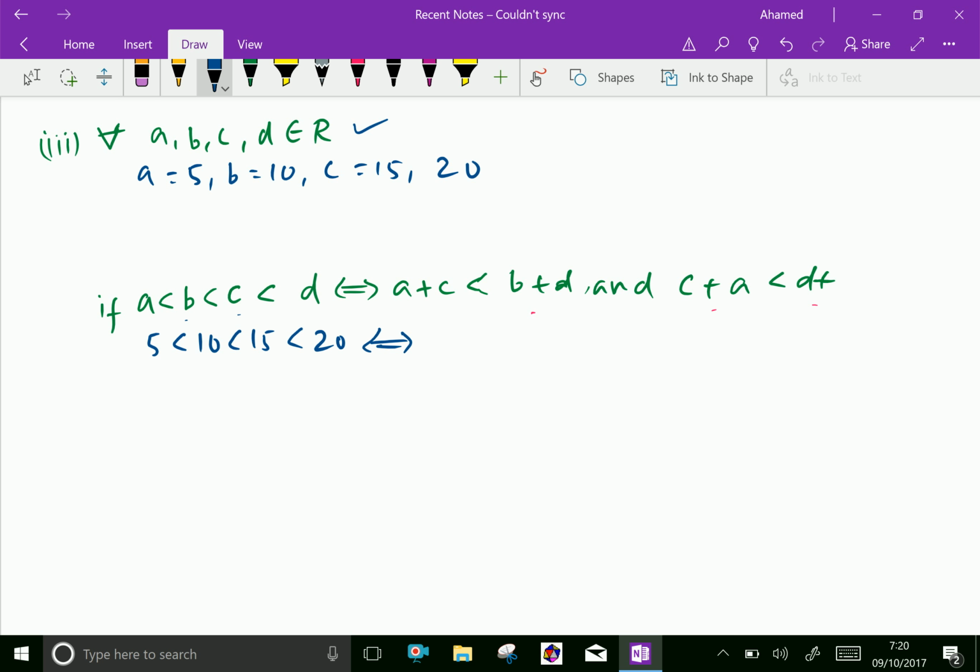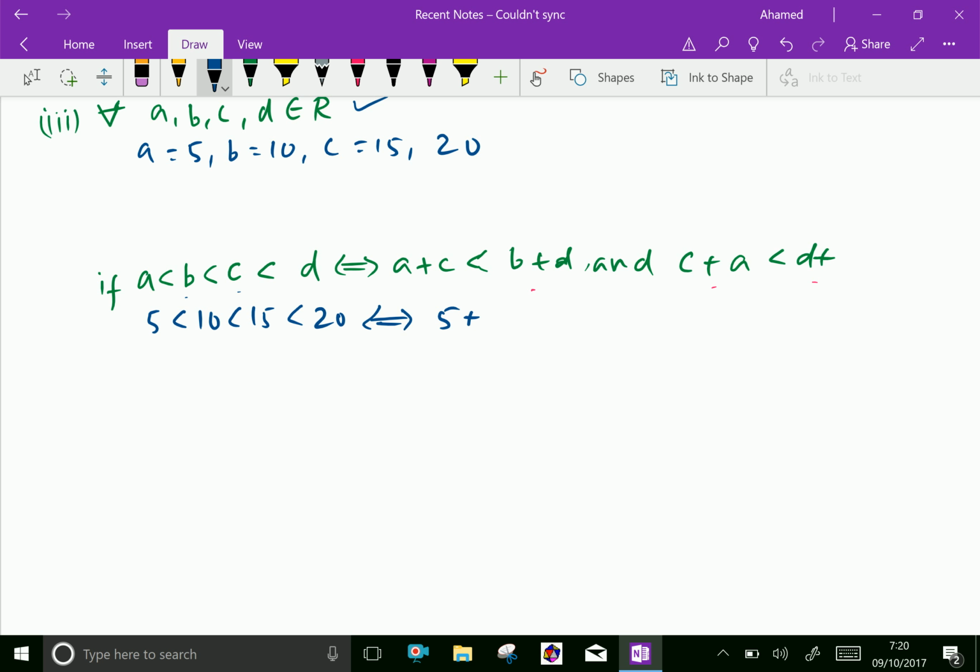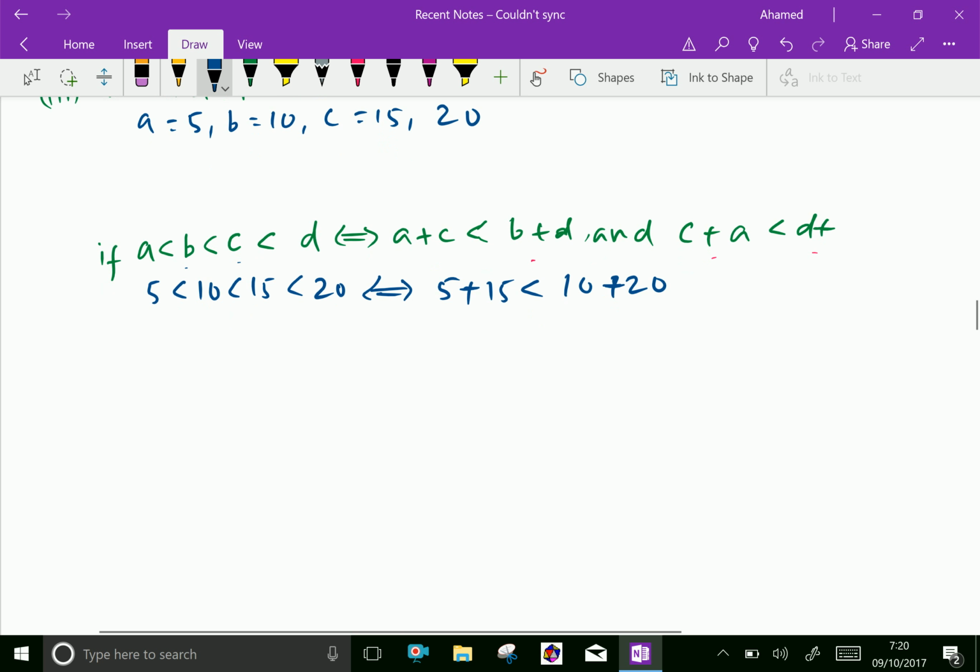Now A plus C, 5 plus 15 is 20, is lesser than B plus D, 10 plus 20 is 30. So 20 is lesser than 30.